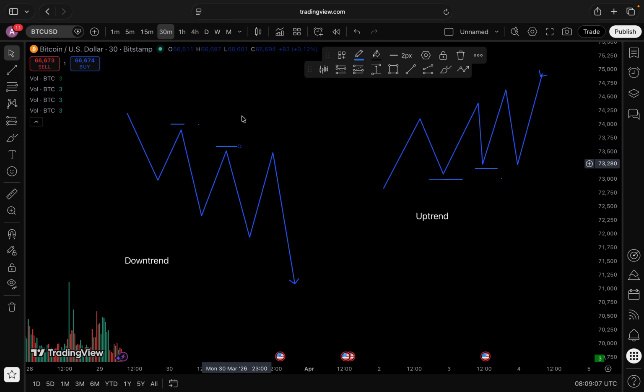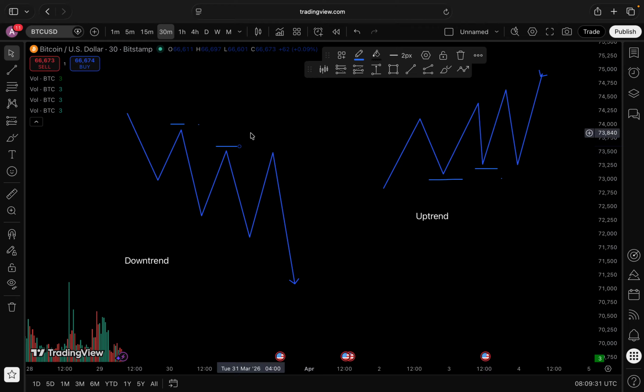And then when you're selling, your entry is going to be at a lower high or an equal high. Same thing when you're buying. It's going to be at a higher low or an equal low whenever you're buying. Remember that. And then your stops are going to be above the previous lower high, because if this lower high gets broken, that's a sign of a reversal.